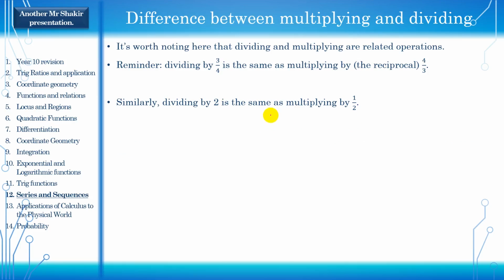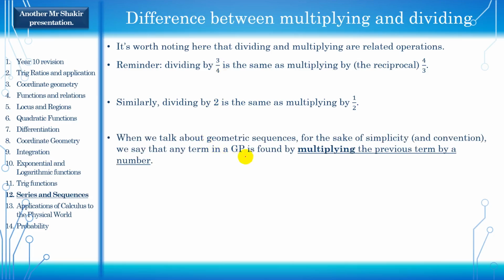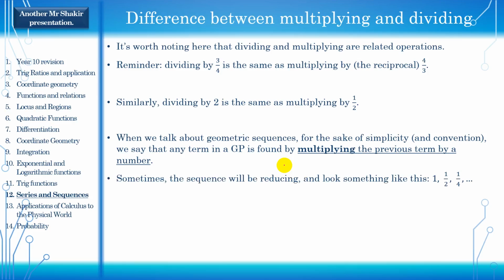And if for example, you have to divide by 3 over 4, in a geometric progression, we don't say it's dividing by 3 over 4. We say it is multiplying by 4 over 3. So, for the sake of simplicity, and just so that the formula stays the same, we always say that in a GP, the numbers are multiplying by the constant ratio, the common ratio. We don't say dividing.